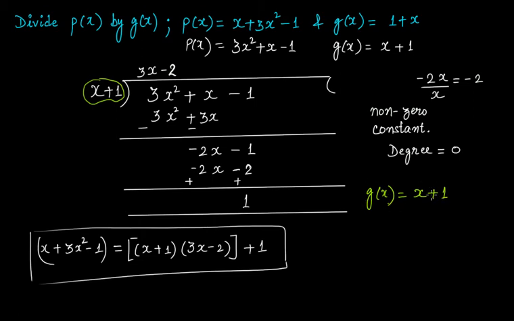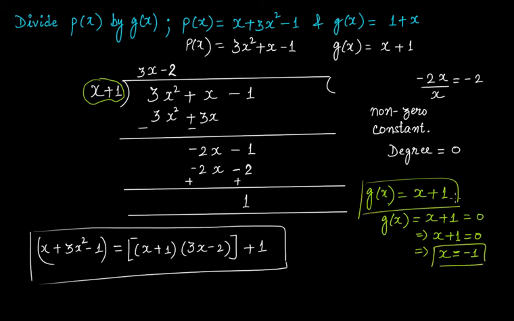In order to calculate that, we set Gx equal to x plus 1 equal to 0. From here you get x is equal to minus 1.